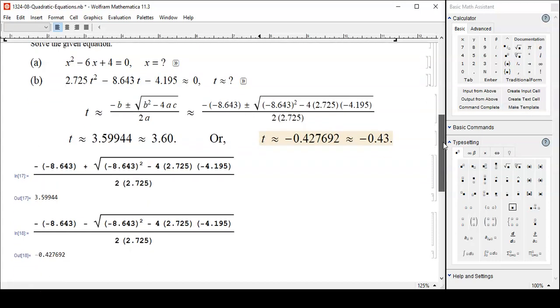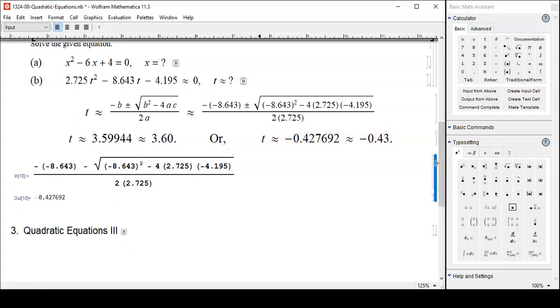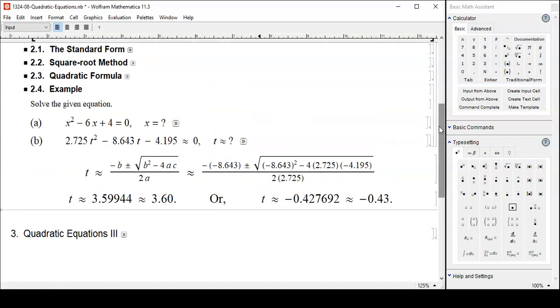Anyway, here are the solutions. The problem did not specify how many decimals to take, so it doesn't matter how you simplify.